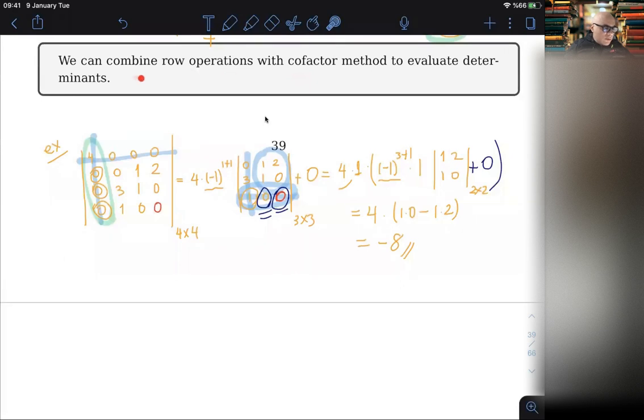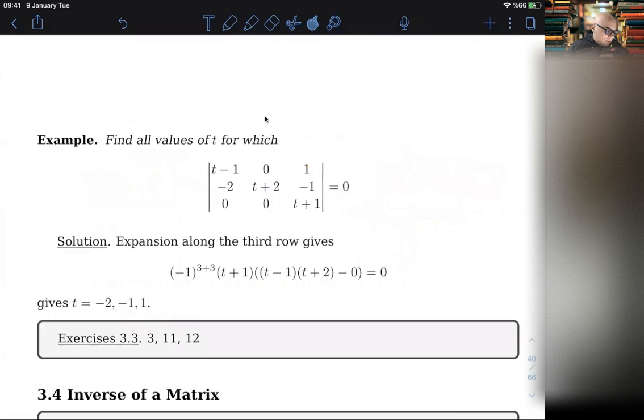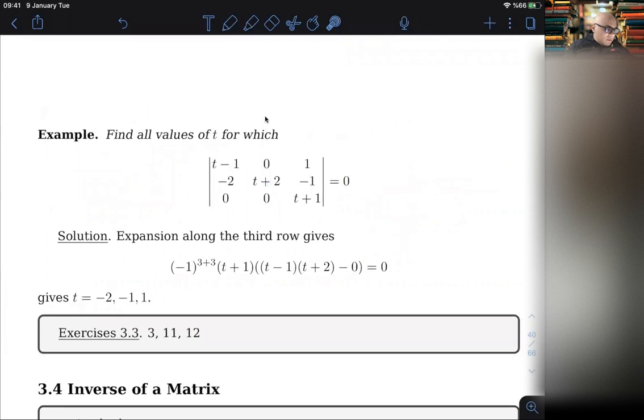This row operation method to compute determinants is something we have seen yesterday, and we can combine it with the cofactor method to compute determinants. So how does it work? Is this a good example? I'm not sure, so let's just look at it. Find all values of t for which this equation is satisfied.